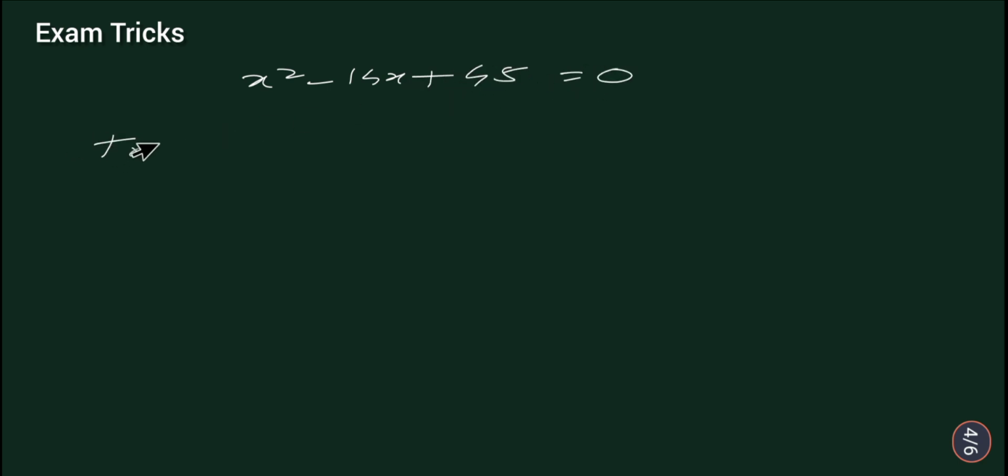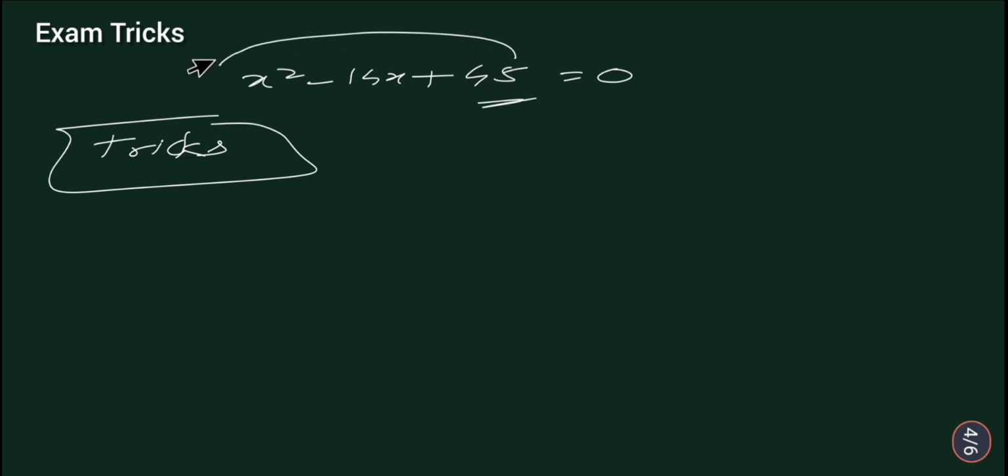The trick, just listen carefully: multiply the constant term to the coefficient of x square. Here the coefficient of x square, that is a, is 1, and c, the constant term, is 45. You have to multiply these two terms. ac means 1 into 45, that is 45.